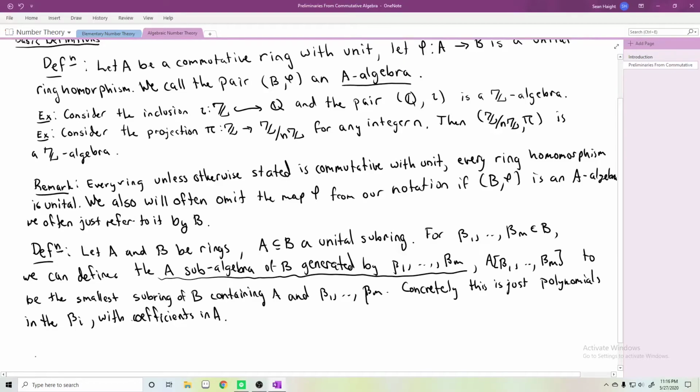So Milne goes on to define ideals in rings, the sums of ideals. Okay, these are hopefully things that should be familiar from ring theory. He defines a quotient ring, which I've already kind of talked about up here.